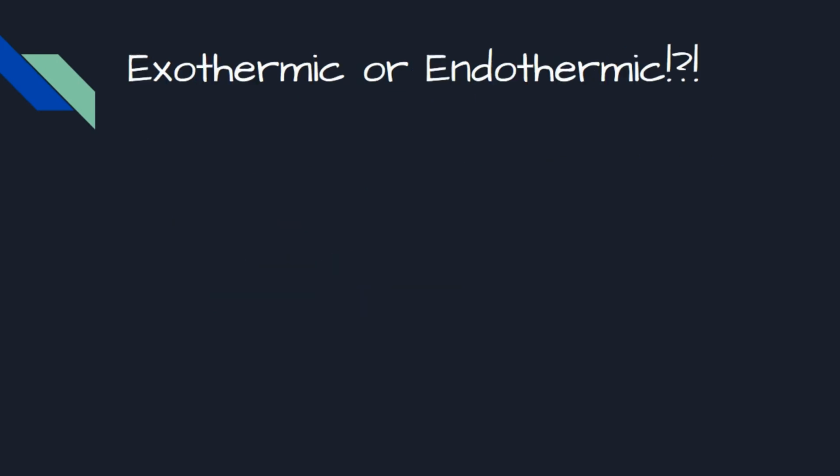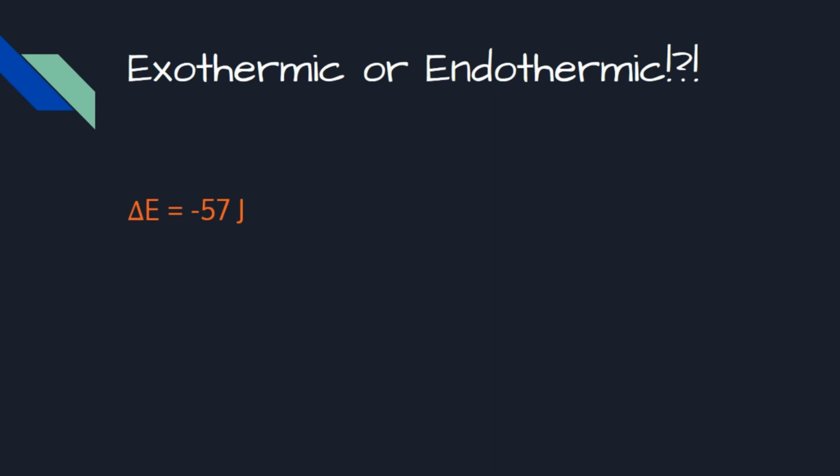So let's play a game. It's called exothermic or endothermic. I wish I had some epic theme music to play during the game, but we're on a budget here, so you'll just have to bear with me. All right, so let's start with this one. My delta E, my change in energy, is negative 57 joules. What this means is that my products have 57 joules less than my reactants.